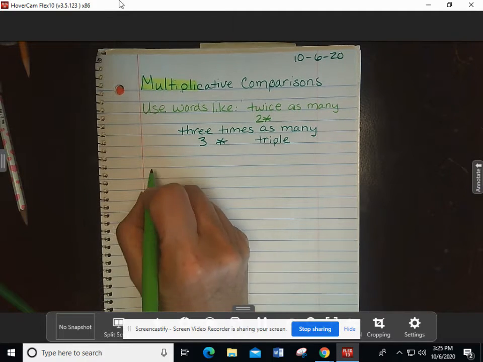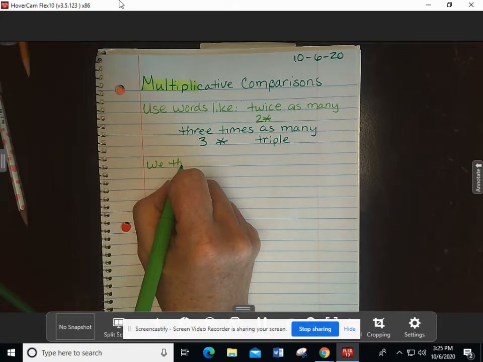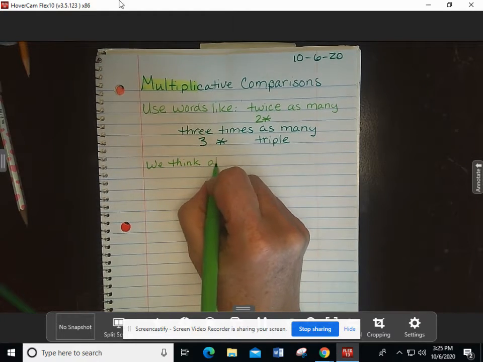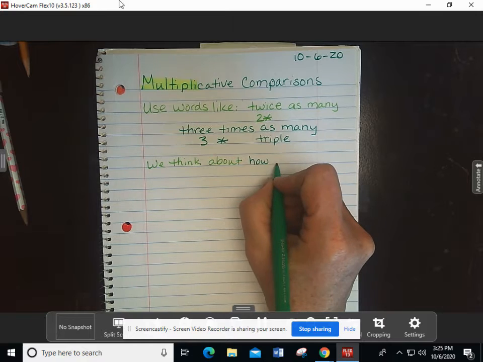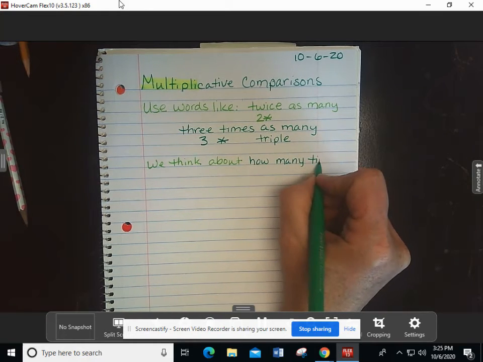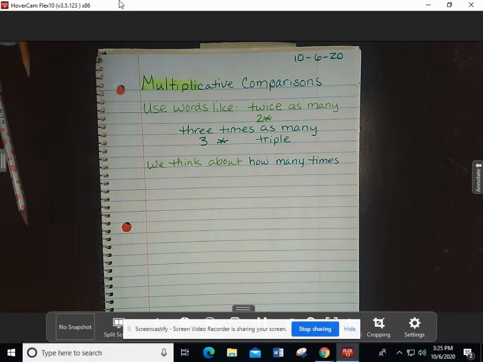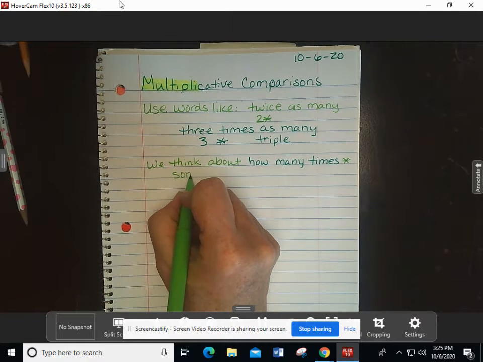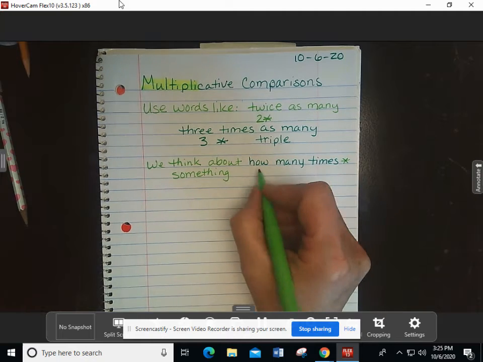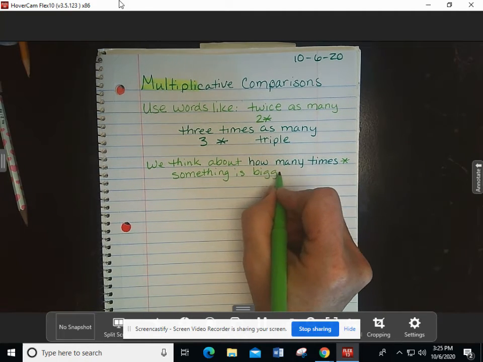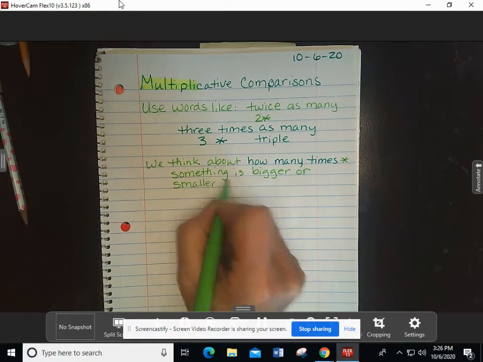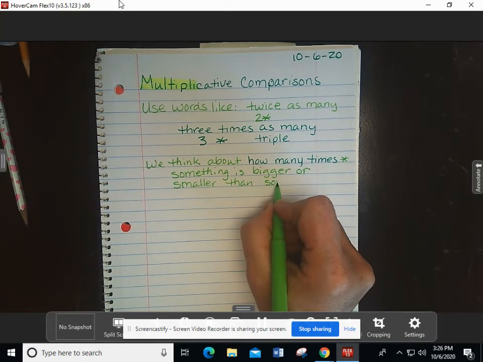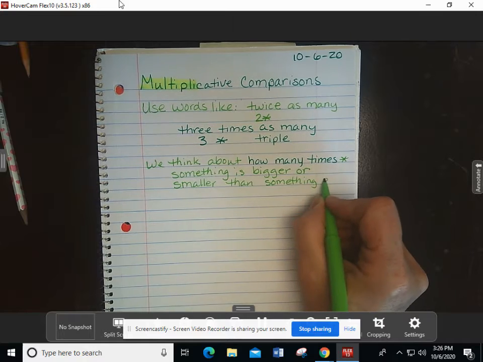When we're talking about multiplicative comparisons, we think about how many times something is bigger or smaller than something else.